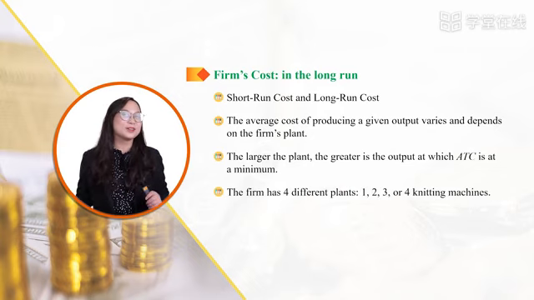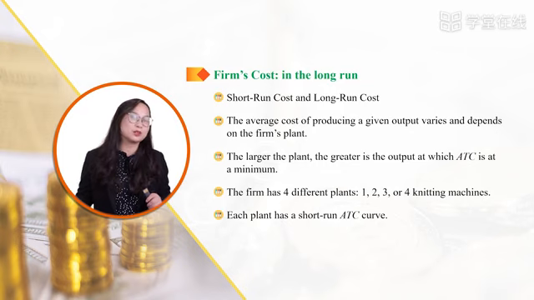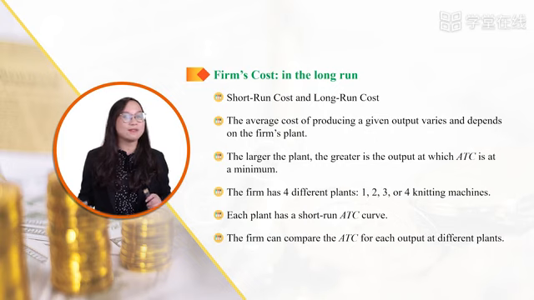The firm has 4 different plants, with 1, 2, 3, or 4 knitting machines. Each plant has a short-run average total cost curve. The firm can compare the average total cost curve for each output at different plants.